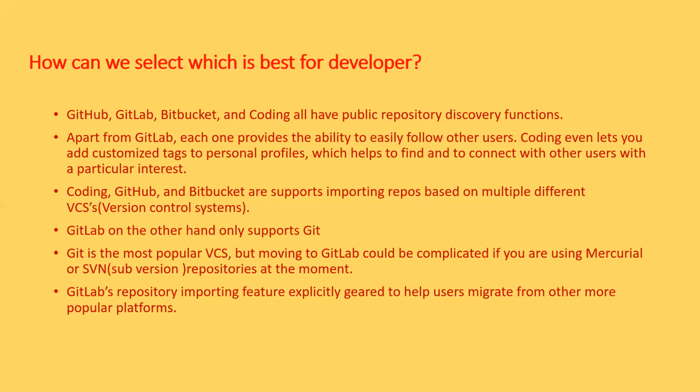This way you can select based on your requirement. Let us say today I'm using Git and going forward you only work on Git, then go for GitLab. But if you're not sure about the future, or you might move to some other repository, then you have to make a decision to take a service provider, either GitHub or Bitbucket instead of GitLab.